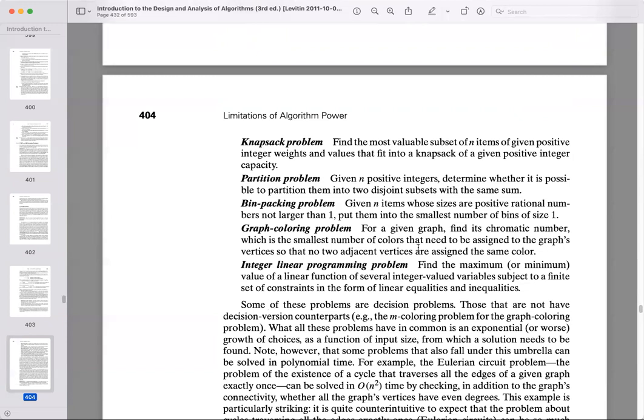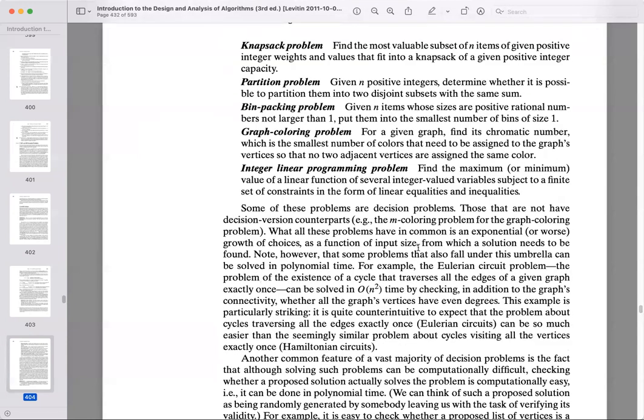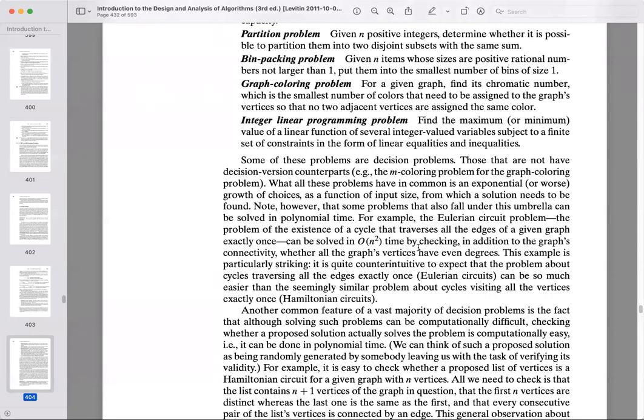Find the maximum or, conversely, minimum value of a linear function of several integer valued variables subject to a finite set of constraints in the form of linear equalities and inequalities. So these are problems, not all of which are decision problems, but you can turn them all into a decision problem if you kind of work them around.